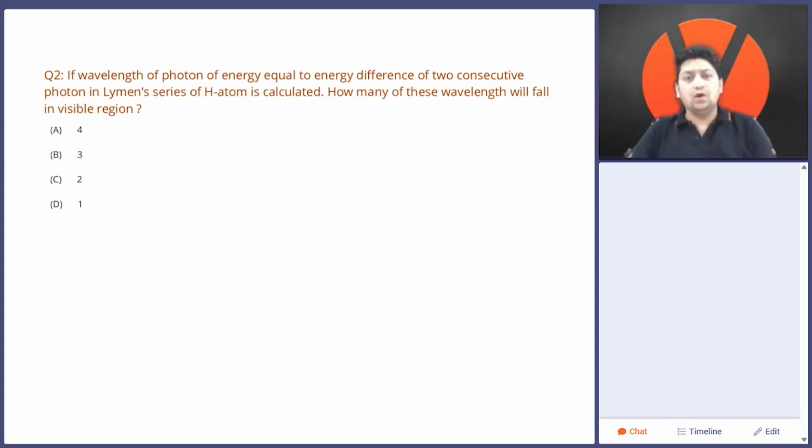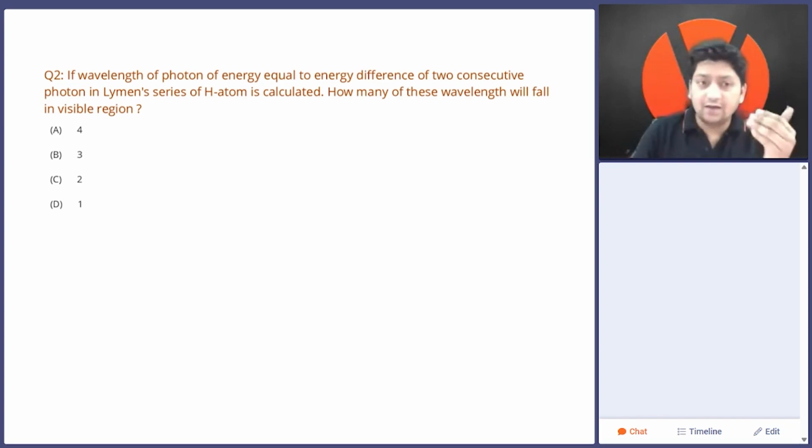If wavelength of photon of energy equal to energy difference of two consecutive photons in Lyman's series of hydrogen atom is calculated, how many of these wavelengths will fall in visible region? See, in the case of Lyman series, we know that ultraviolet light is ejected, but we have to use Lyman series transition.